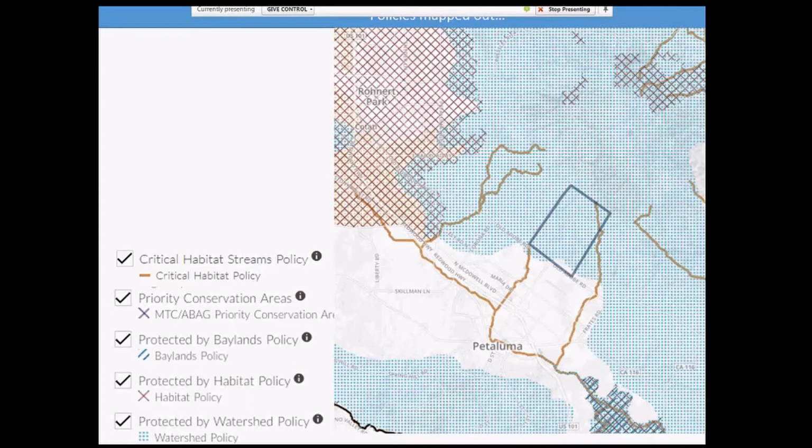So, for instance, this example patch of land that I just randomly chose in Petaluma, there are watershed policies that apply to it. There's a critical streams policy that applies to it, and then there are other policies around it. This is really important for conservation planners and practitioners to know what the policy context is in a given area.